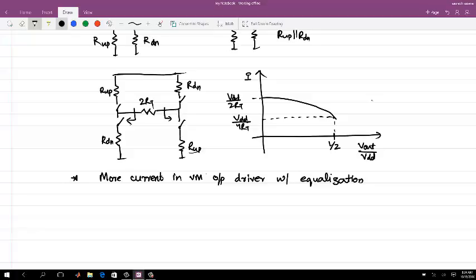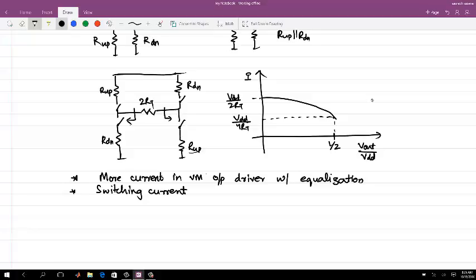Here, no matter which driver you use, if you implement the equalization, your current has to switch the way we are implementing here, right? So the first thing is the more current, and the other thing is you have a switching current. So these are the two drawbacks of this implementation.